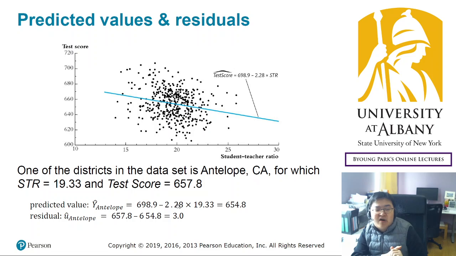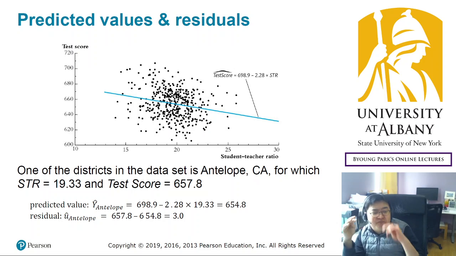Of course, in the estimation, we have used this observation, but we are not directly using the test score. So now you may compare your prediction result and the actual outcome. There is a difference of 3. So the actual test score is 3 points higher than your prediction.